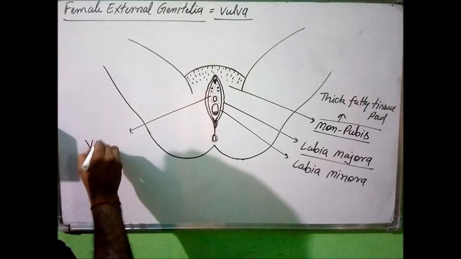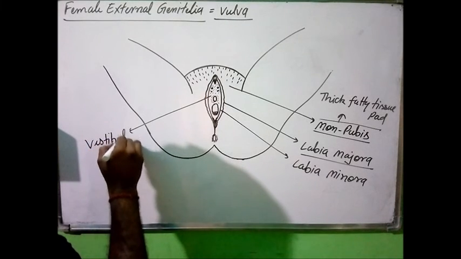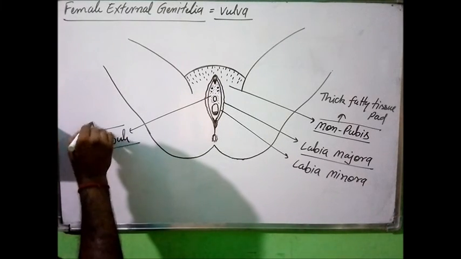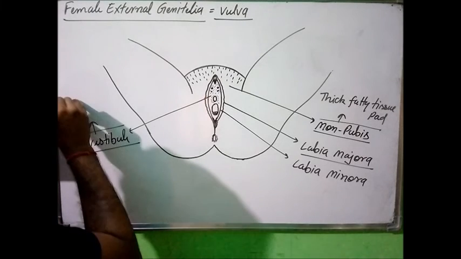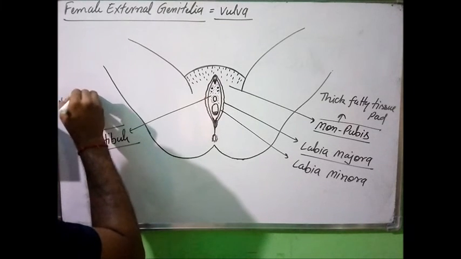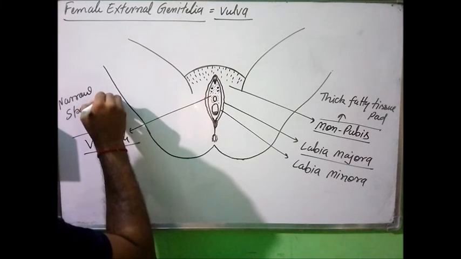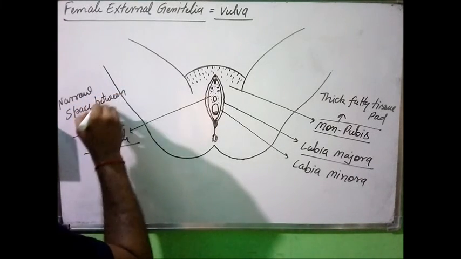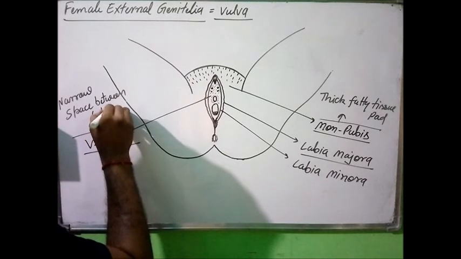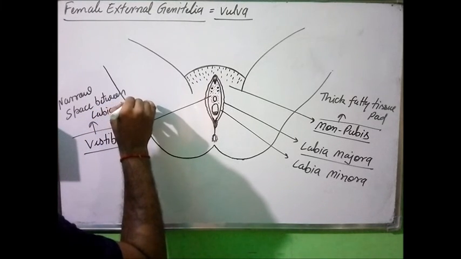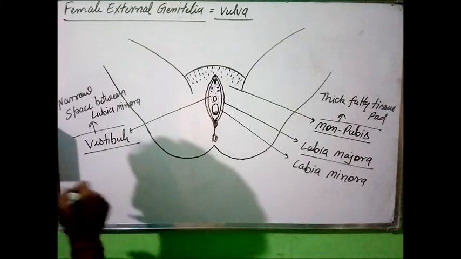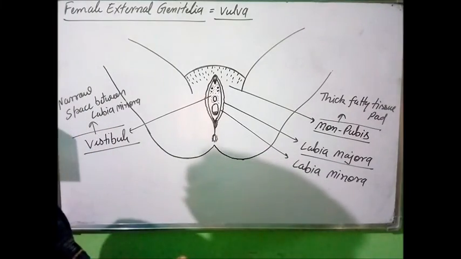So this is vestibule or vestibular space. So what is vestibule? Narrow space between labia minora. Okay, so this is vestibule, and this vestibule is having different openings.